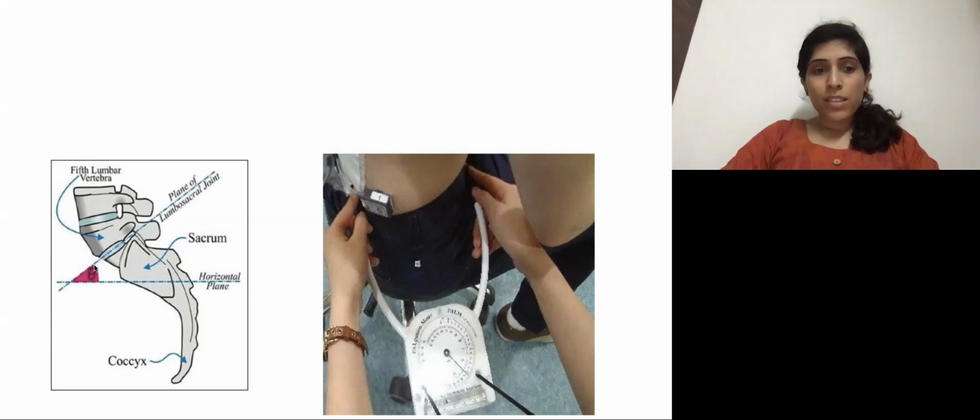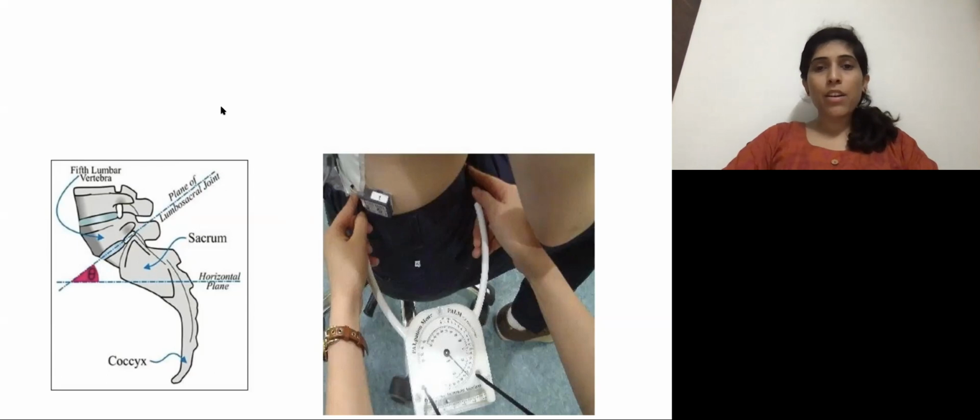This makes an angle called the lumbosacral angle, and normally it is around 30 degrees. If it is increased, that produces lordosis, and if it is decreased, that produces posterior pelvic tilt.